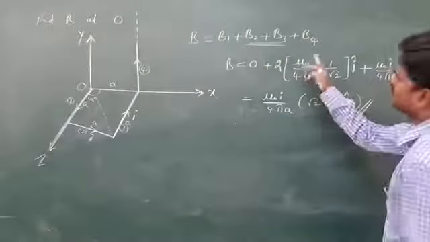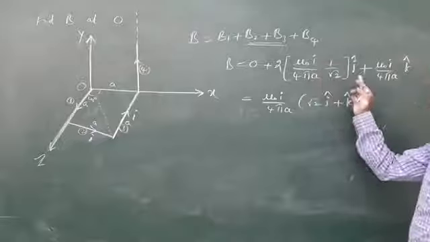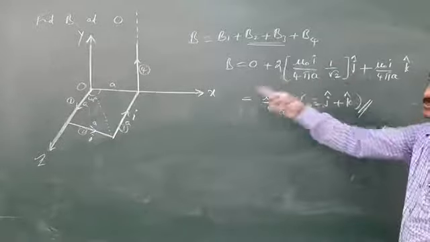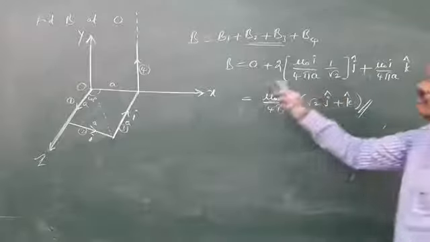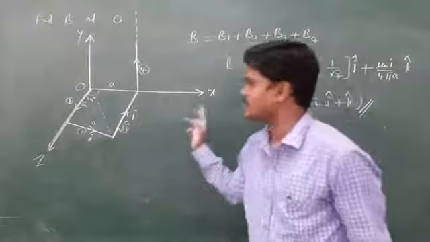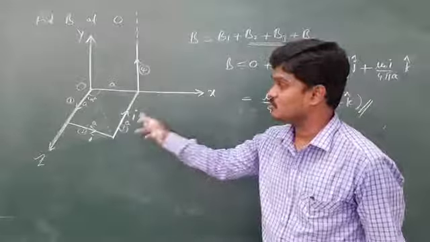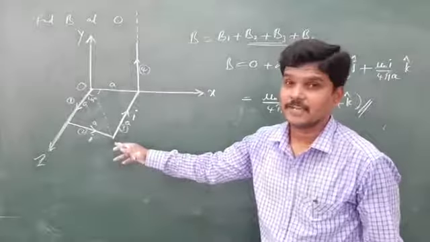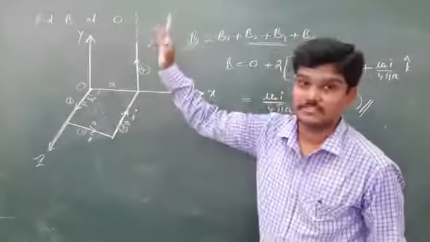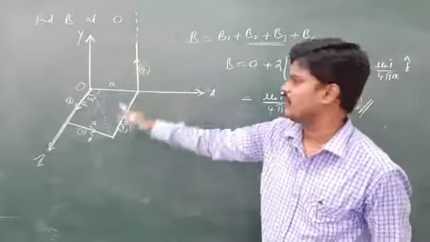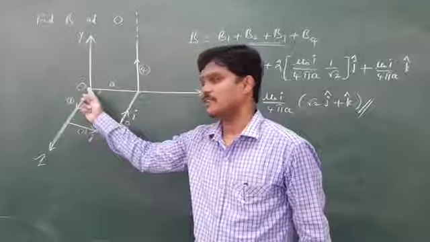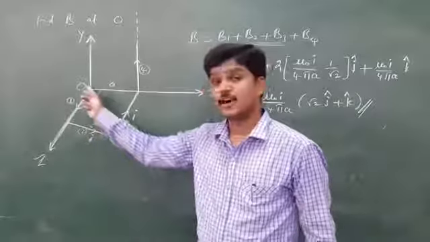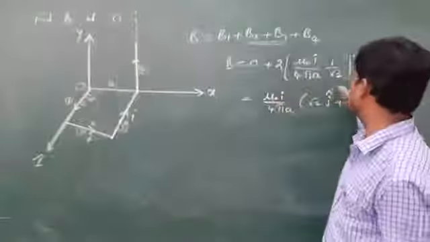Here I am using mu naught I by 4 pi a times (sin alpha plus sin beta). For one end only, sin 45, which is a direct value. These two wires are in the XZ plane, carrying current in the XZ plane, so the field must be along the y-axis. For this one, on the left side, out means positive, positive j.